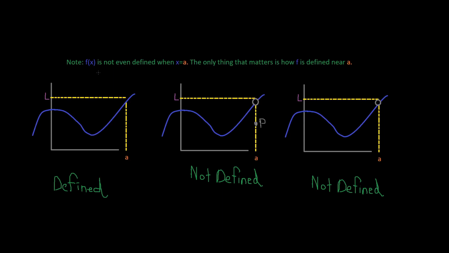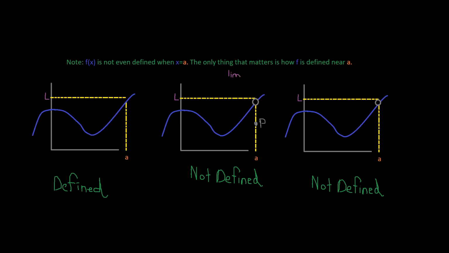And so that's why it says it's not even defined when x equals a, right? The function is not even defined when x equals a. So this is our function f of x, right? So it's not defined right here, because right here, this is a. This is the point A we're looking at for our limit. So I'll write out the limit right here so you guys can see.